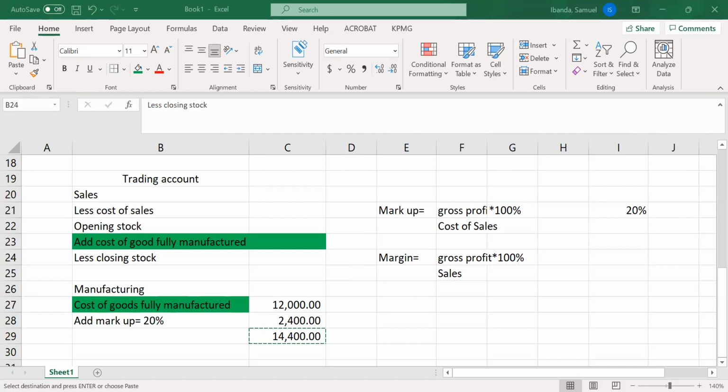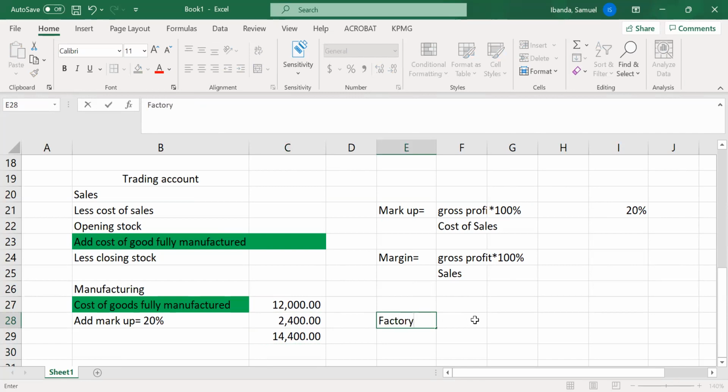Ideally, this profit that you're adding onto your goods is an imaginary kind of profit, because it's profit that you have not yet earned. You only earn this profit when you sell goods to the final customer. Right now, what they are trying to create is an internal profit from the factory to the selling and distribution, which ideally would only happen when you actually sell to the final customer.